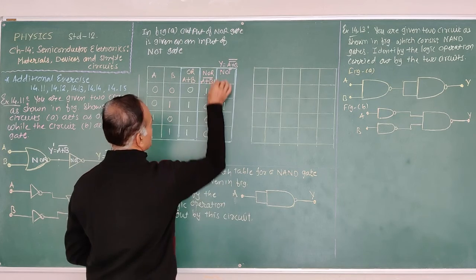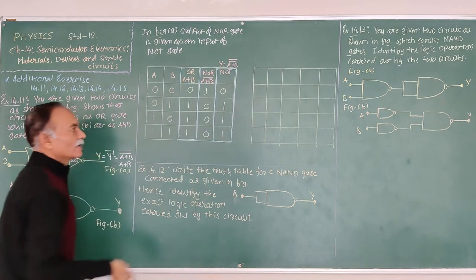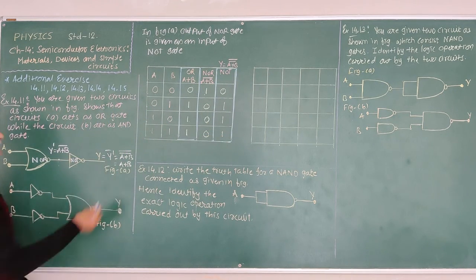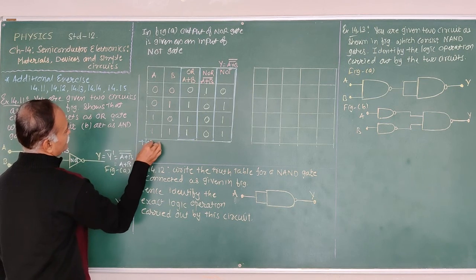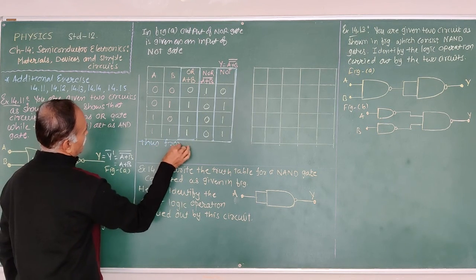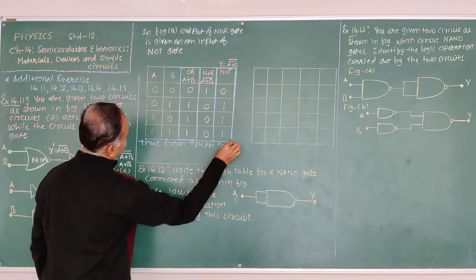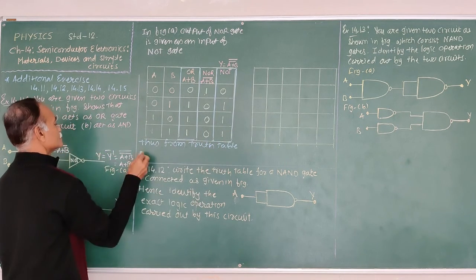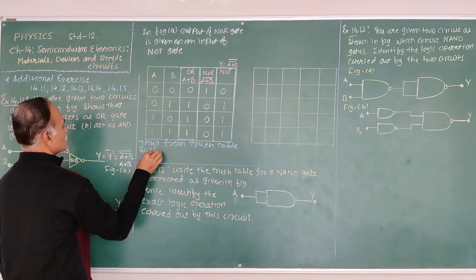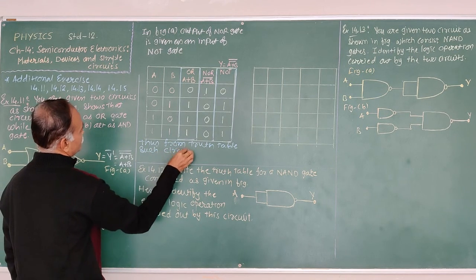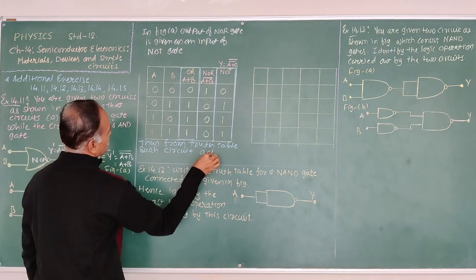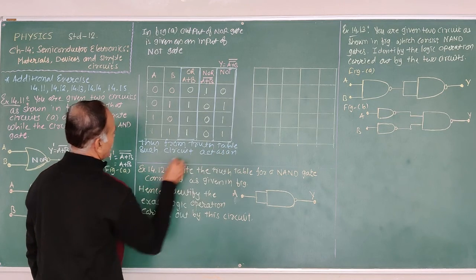Thus, this combination of the gates acts as an OR gate. Thus, from the truth table, such a circuit acts as an OR gate.